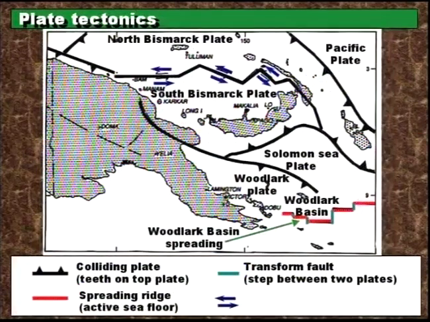Note also along the Bismarck Sea, we note the movement of the South Bismarck Plate towards the east and the North Bismarck Plate towards the west. Along that area, there is a zone of shallow earthquakes found within the boundary.